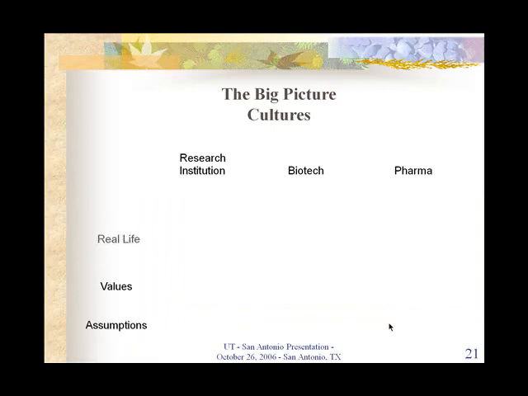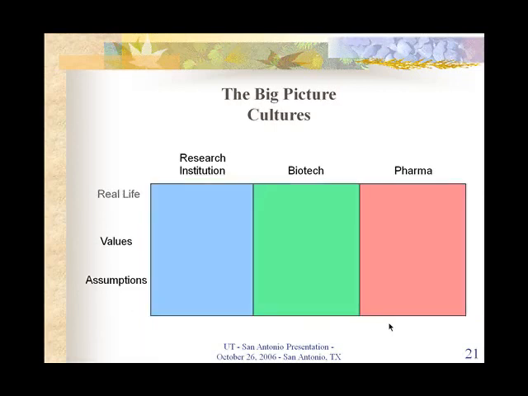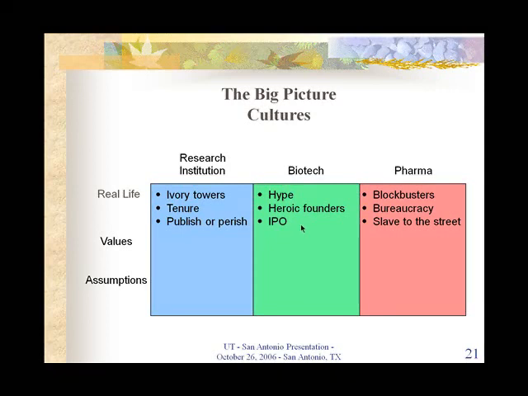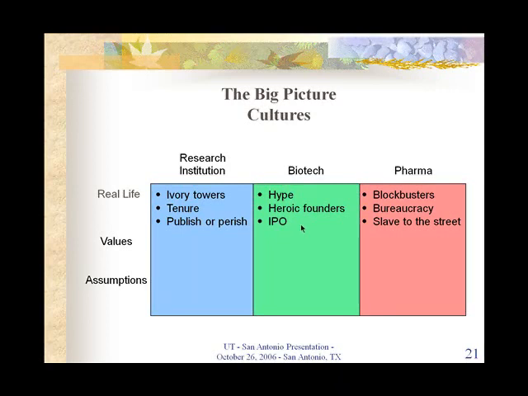The big picture now with cultures: we have real life, value, and assumptions. Under real life, the ivory towers, tenure, publish or perish. In biotech, there's a bit of hype, heroism of the founders and everything, and then that IPO to get to public trading, where you trade stocks that you create out of nothing other than some perceived value, and people buy it, and it generates cash to work with. The pharma has the blockbusters, the bureaucracy, and they're a slave to the street in a sense.